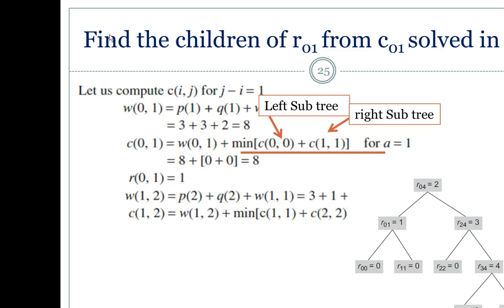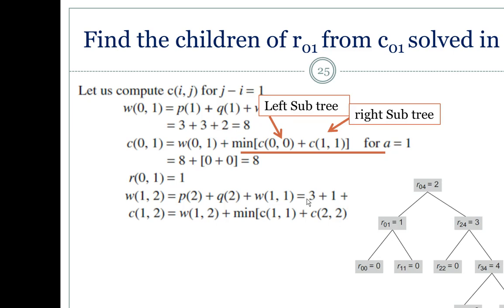C of 01, how did we get this C of 01? For C of 01, we have considered C of 00 and C of 11. So R of 00 is the left subtree of R of 01. See, R of 01 and its left subtree is R of 00. Likewise, R of 11 will be the right subtree of R of 01.